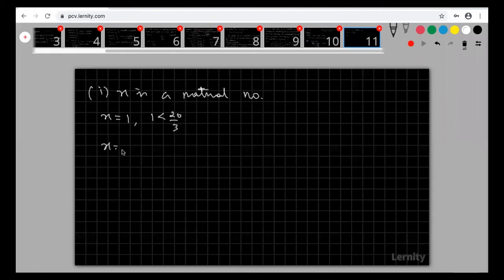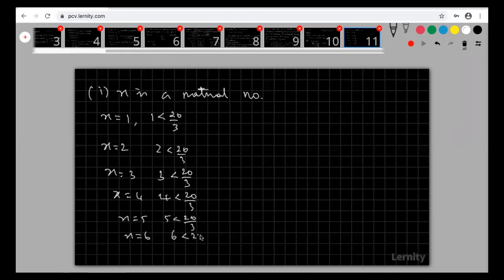When x is 2: 2 is less than 20 by 3. x is 3: 3 is less than 20 by 3. x is 4: 4 is less than 20 by 3. 5 is less than 20 by 3. x is 6: 6 is less than 20 by 3. x is 7: 7 is less than 20 by 3.